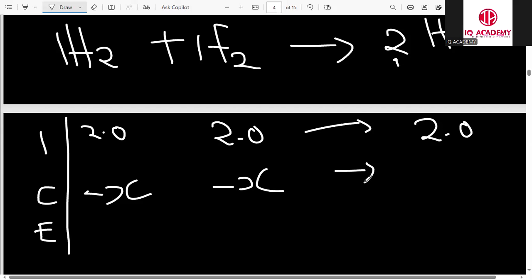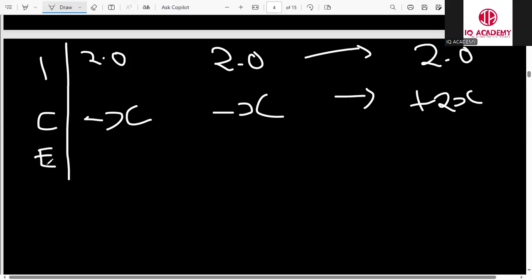And the hydrogen fluoride will increase by a positive 2x, because it's a product, so it's being formed. So it increases by x multiplied by the coefficient in front, which is 2. Okay, so this is the change here.